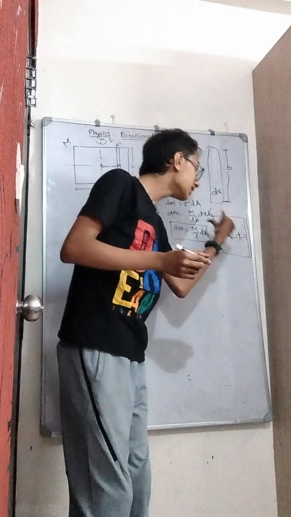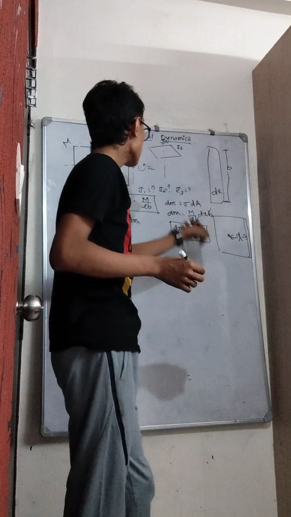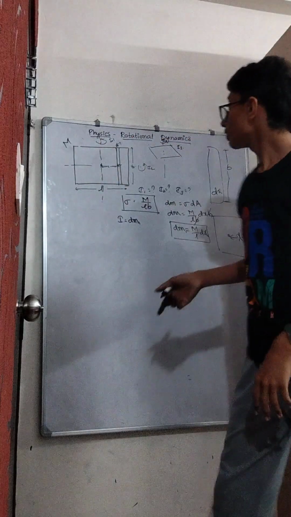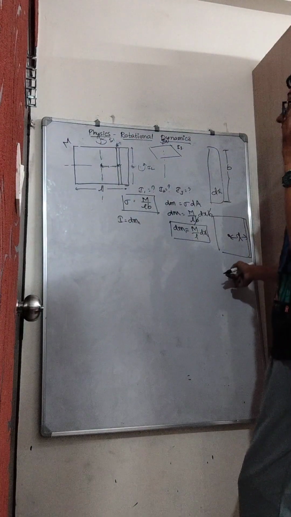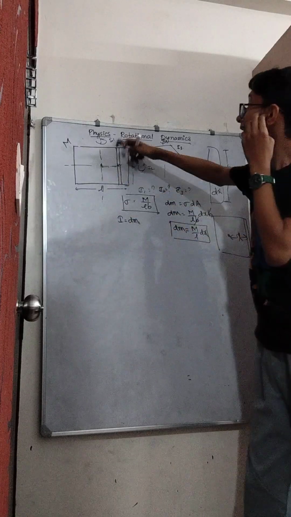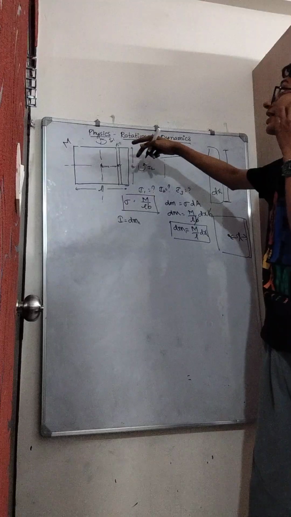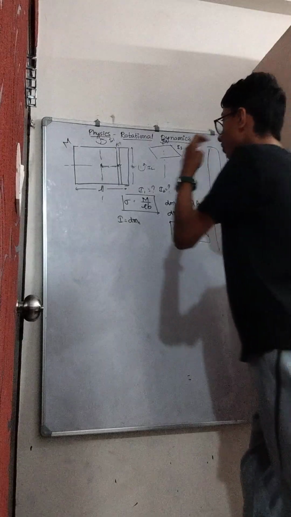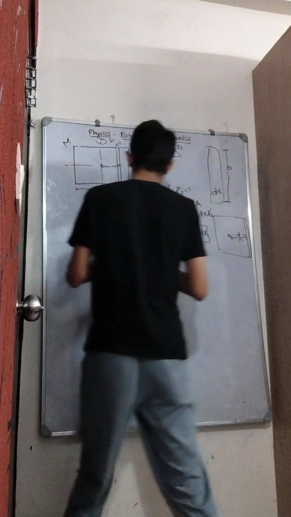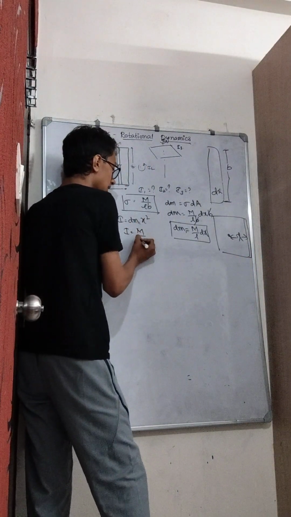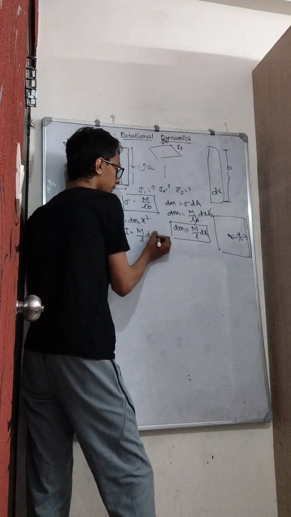So this is not a point mass, but this is a negligible mass, so I can take it as a point mass. So the distance from the center is x, so x squared. That means dI1 is equal to M by L dx into x squared.